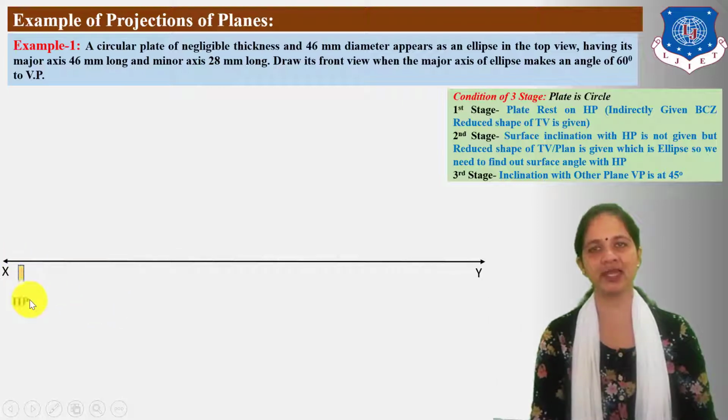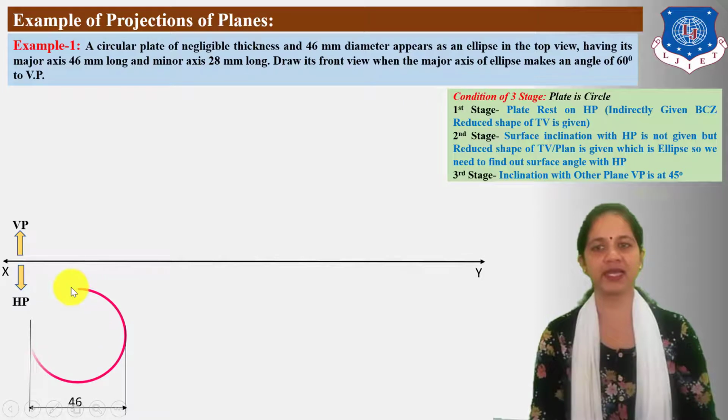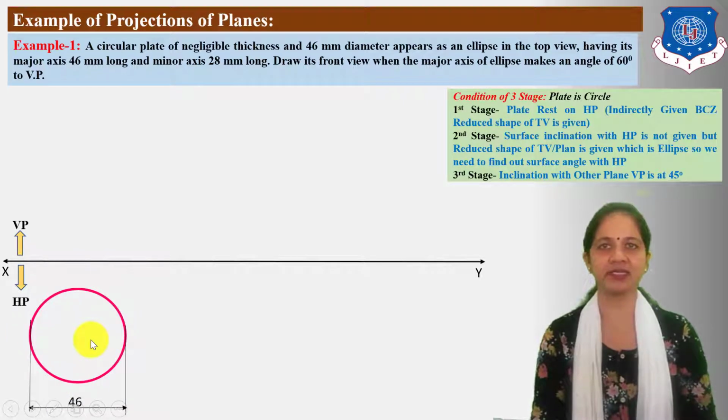Below the XY line assume the horizontal plane and above the XY line assume the vertical plane. So first draw the true shape in top view below the XY line. Draw a circle below the XY line. The diameter of the circle is given as 46 mm.